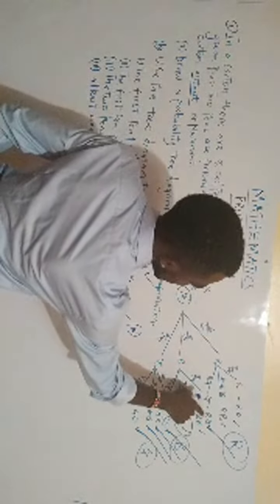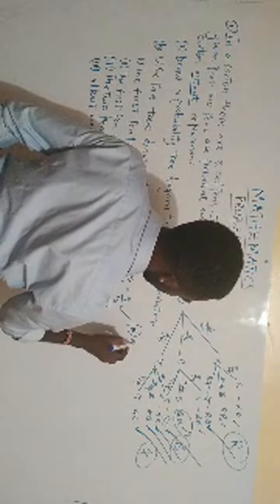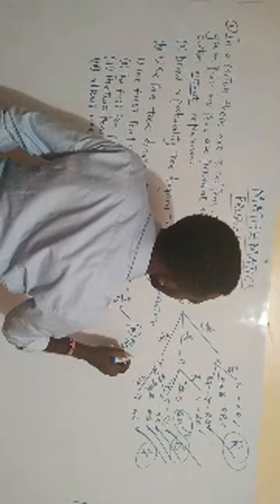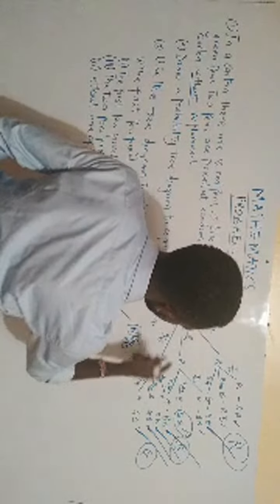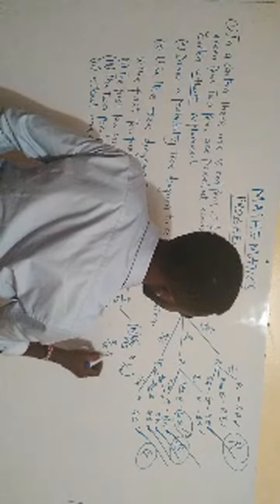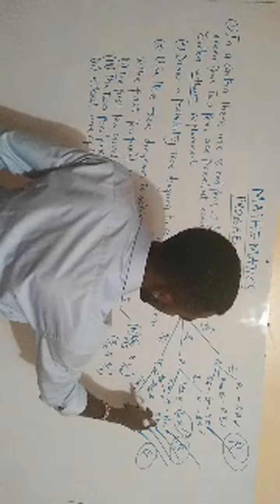So let's multiply. For the first one, to reach here, it is 8 out of 15 multiplied by 2 out of 14. You get that one first. Go to the second one, which is 5 out of 15 multiplied by 2 out of 14. Then you move on to this one, which is 2 out of 15 multiplied by 8 out of 14.